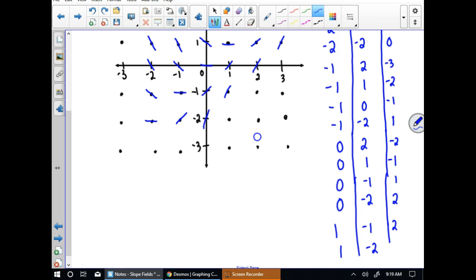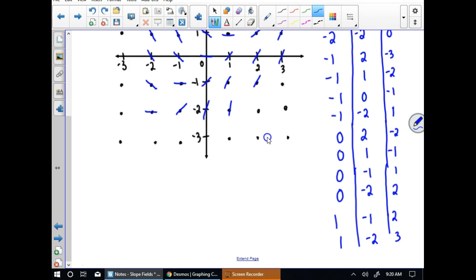We're going to get 3. So a slope of 3. I'll put those in that diagonal. And 2, -2. That's going to give us a slope of 4. And we'll stop there.